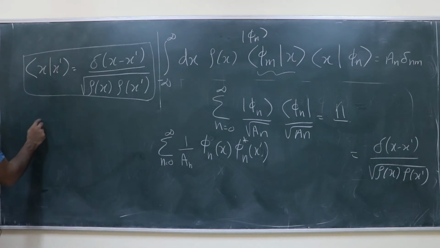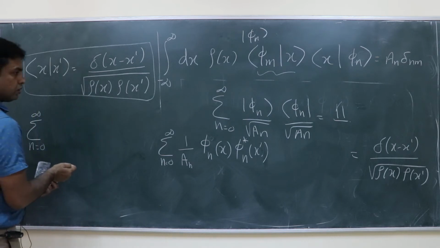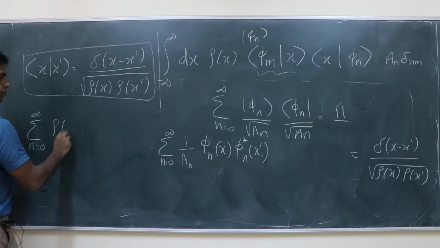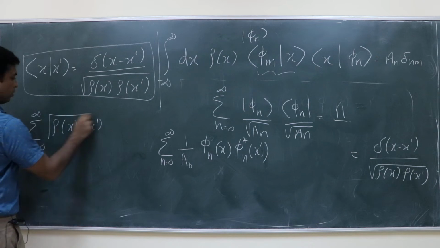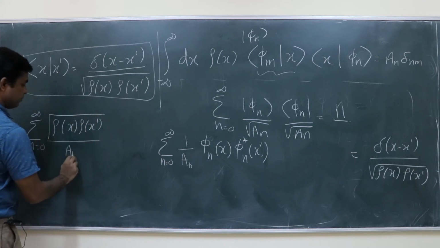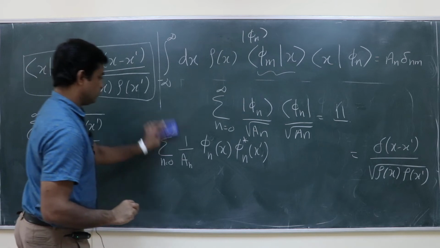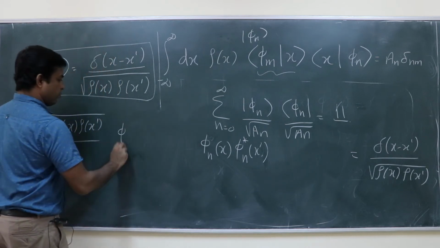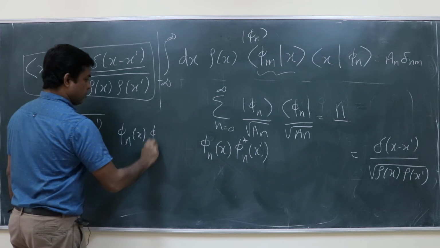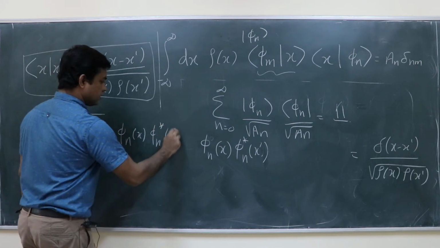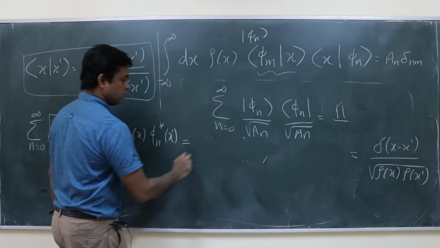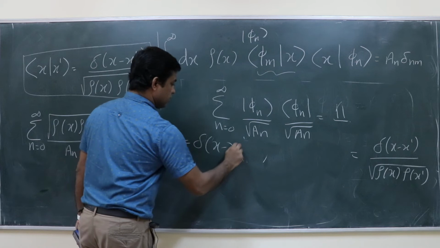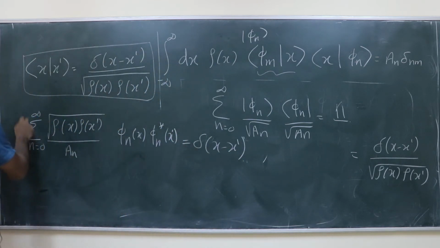So what I get is summation n equal to 0 to infinity, square root of rho of x into rho of x prime, divided by a n, phi n of x phi n star of x prime, which is equal to delta x minus x prime.